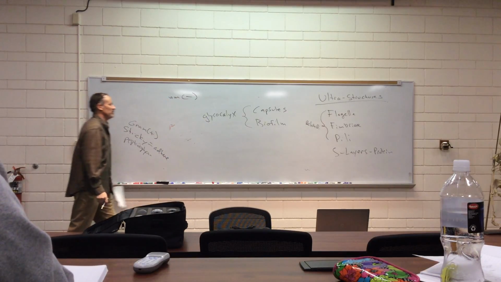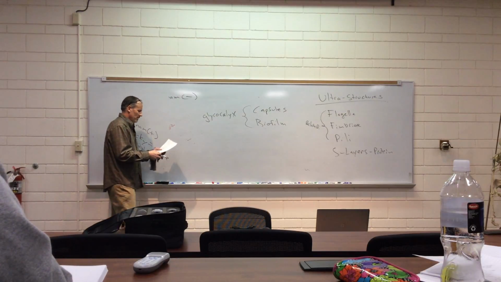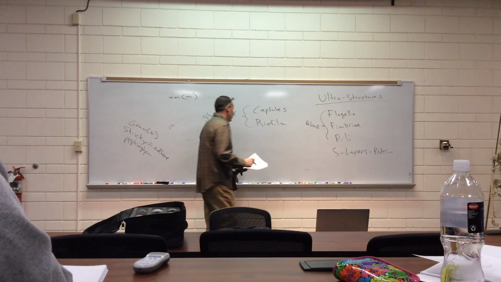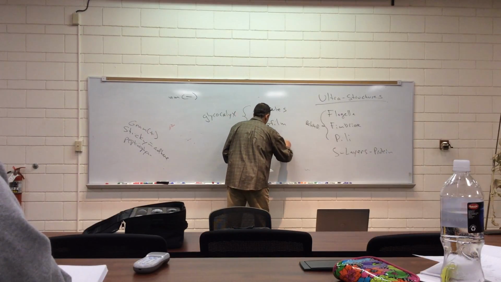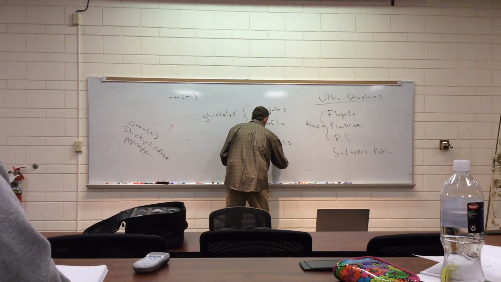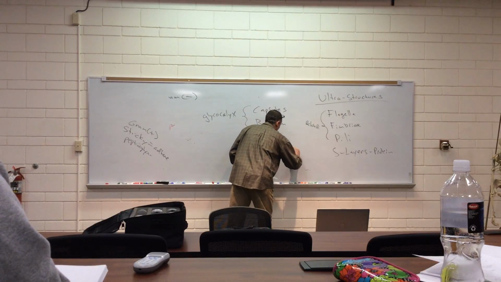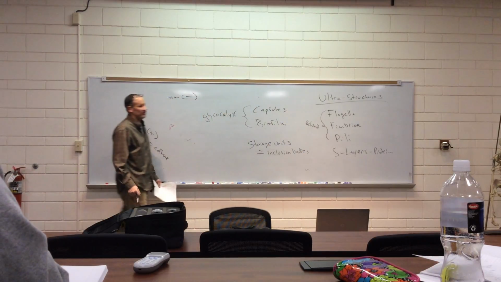Glycocalyx, say that 5 times fast. And then we have things like storage units. Sometimes these are called vacuoles or inclusion bodies. And they're usually for storing energy.